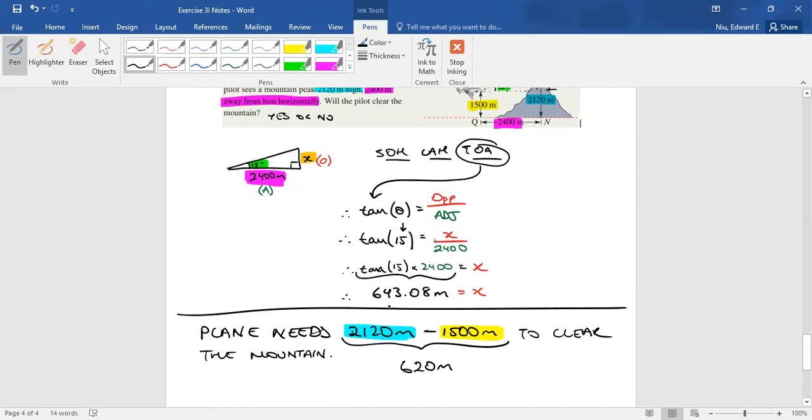We fly 643 meters by the point we hit the mountain, so yes, we have cleared the mountain.